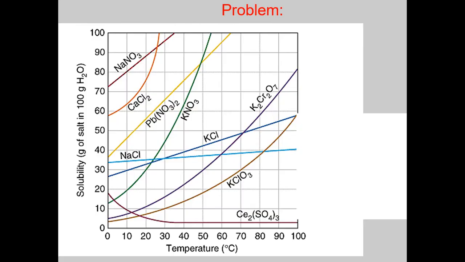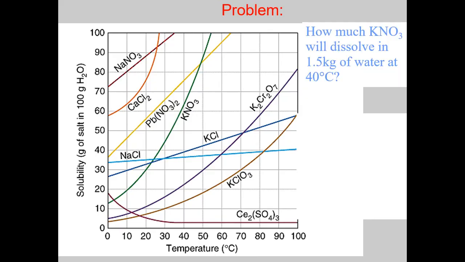Try another one. How much potassium nitrate will dissolve in 1.5 kilograms of water at 40 degrees Celsius? Well, the first thing we always do is find out how much of the potassium nitrate will dissolve in 100 grams of water at 40 degrees Celsius. So we find it on the table.